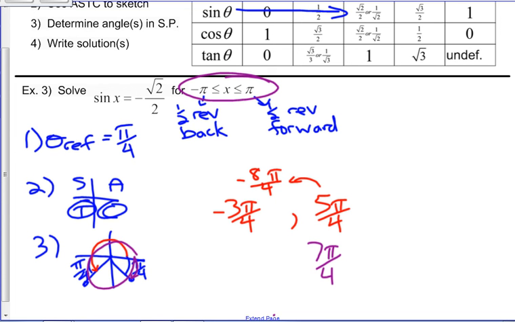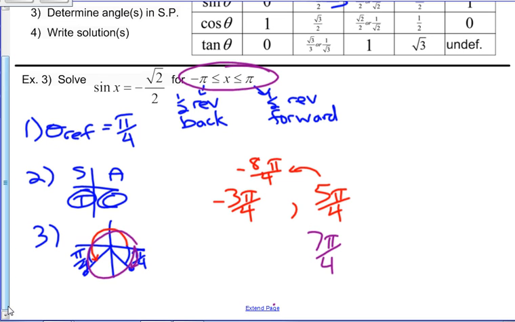Same thing over here. If we have 7 pi over 4 and we want to subtract 2 pi, well, I really think of that as 8 pi over 4. Okay, and what will that give us? It'll give us negative 1 pi over 4. Now, those initial ones, they were no good.